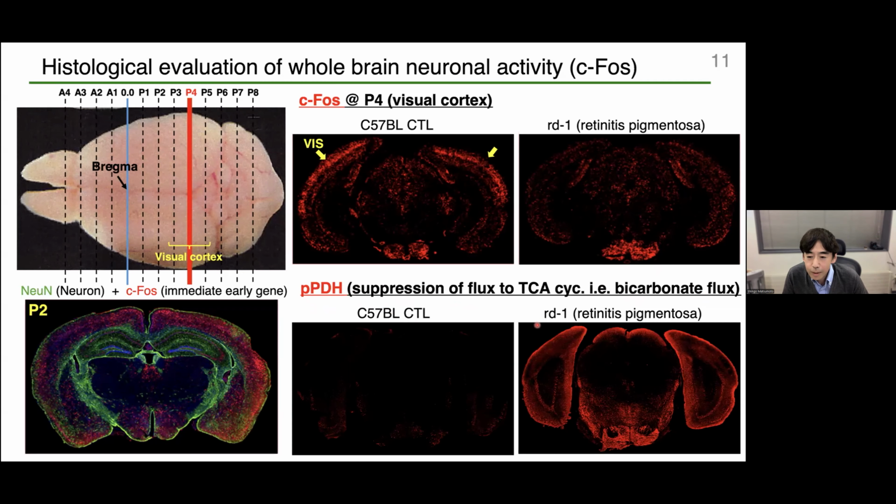So these findings suggest that maybe there is some correlation between the attenuated neuronal activity and suppression of pyruvate metabolism, which can be observed with the hyperpolarized carbon-13 technique.